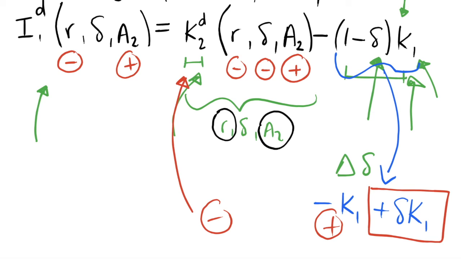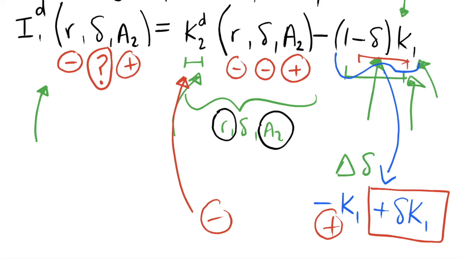And so we'll need to know more about this K2 demand function and how that trades off with this K1 function in order to know if a change in the depreciation rate has an overall positive or negative effect on the investment rate. So at this moment in time, we're just going to say that we are not really sure how investment depends on depreciation rate.